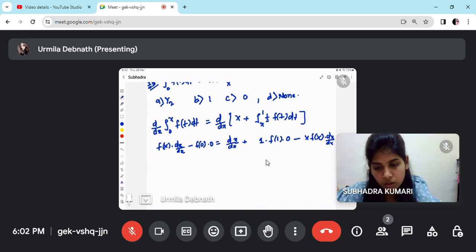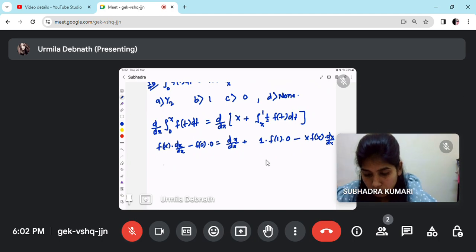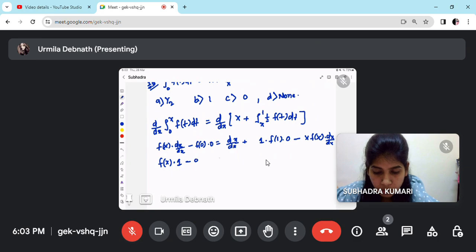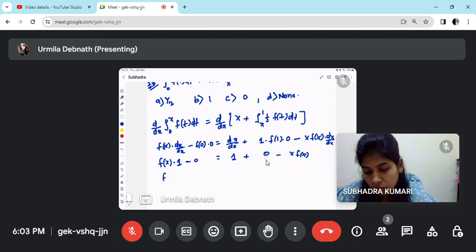So f of x, and dx by dx is 1. This is 0. So this is 1 plus 0 minus x f of x. So f of x, take x f of x to the left-hand side.